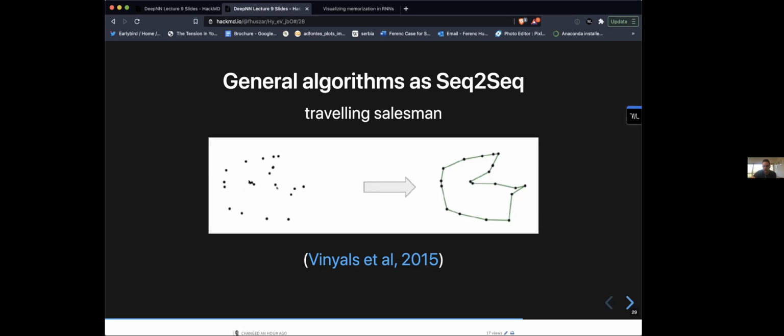So here, for example, is an attempt to solve the traveling salesman problem, where you're given a set of points and your task is to find a path through this set of points that minimizes the overall path length. And the solution is shown in green on the right.